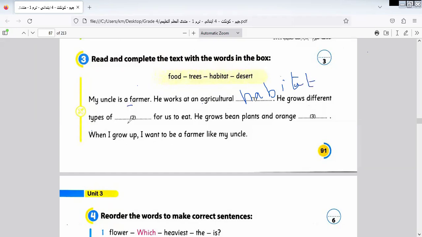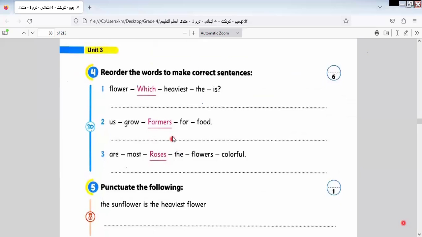Of food for us, as we know it is also in the text. He grows bean plants and orange trees. Excellent. You are clever pupils. I'm proud of you. I think you are clever and more clever. Let's go to another one.